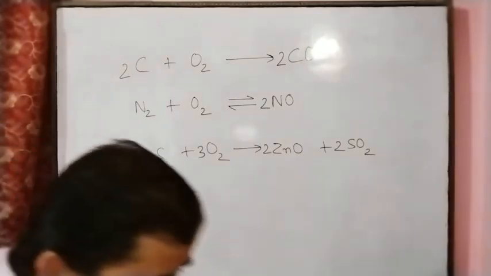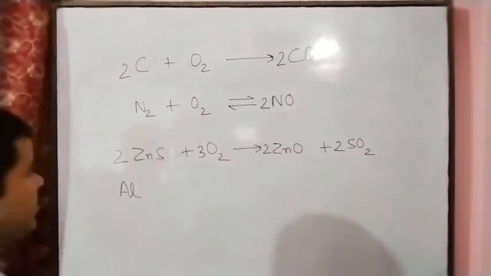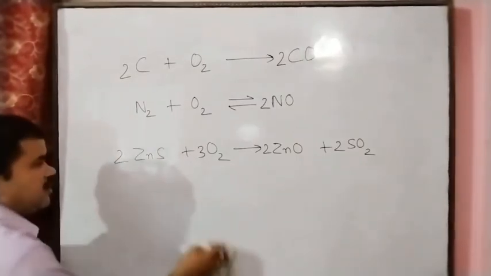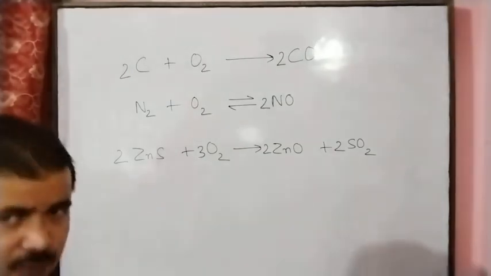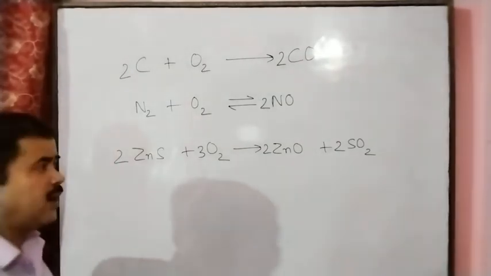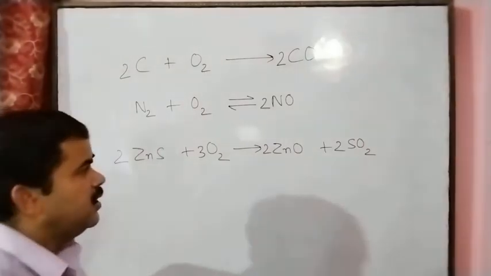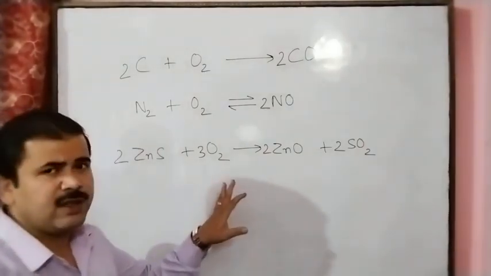And one more thing I want to say: in a chemical reaction you have to take the precaution that in the chemical equation we will write numbers only as whole numbers. We will write whole numbers for balancing. Do not use any decimal or fraction form.